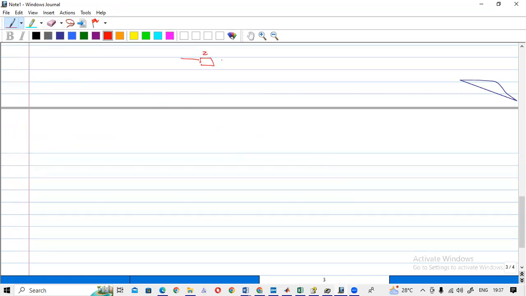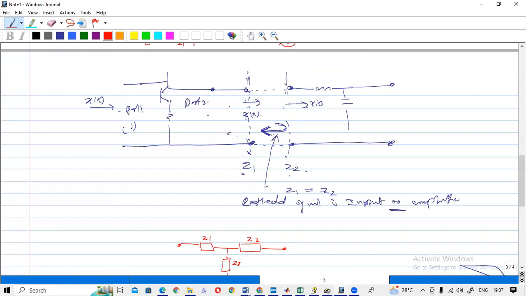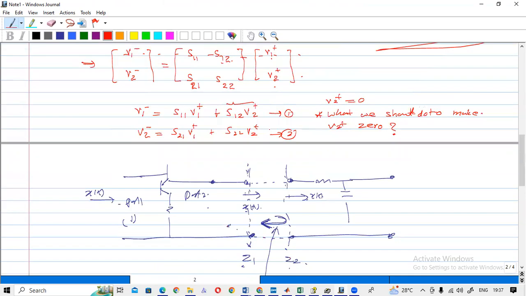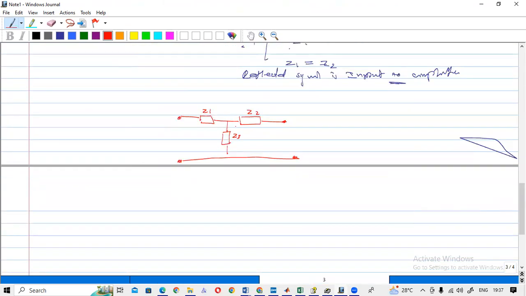Here I have Z1, here I have Z2, and here I have Z3. Correct? This is my circuit. Z1, Z2, Z3.